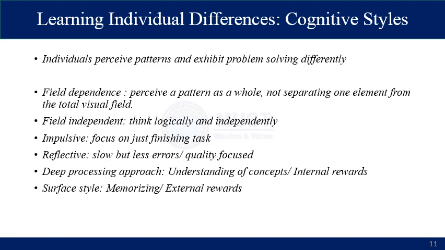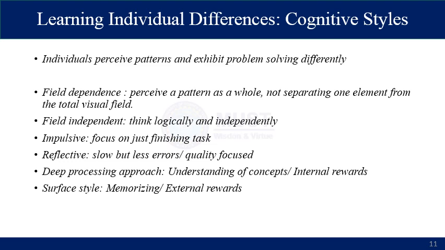Some students have impulsive cognitive styles and they focus only on finishing the task without going into the details or the underlying mechanisms. So you also have to be aware of such students.